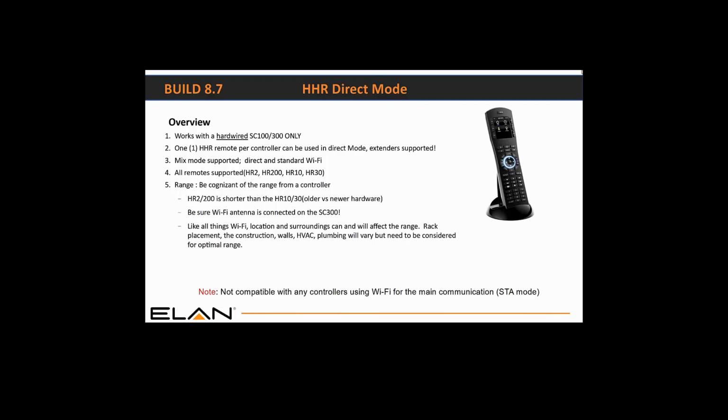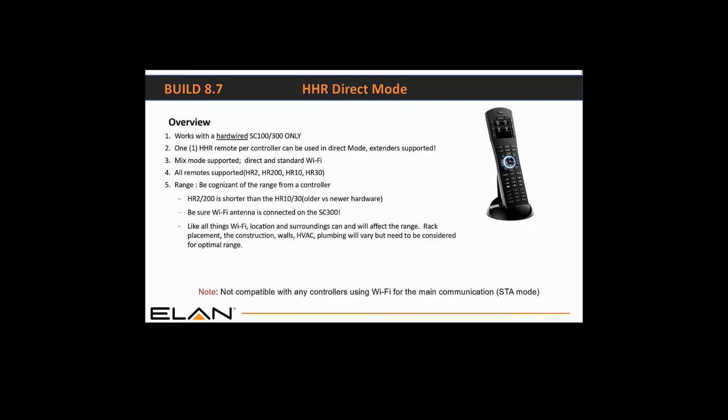All the remotes are supported since they talk the same exact way: HR2s, HR200s, HR10s, HR30s. Again, range, you've got to be cognizant of it. The HR2s and 200s are, for me, noticeably shorter in range than the HR10s and 30s, probably old versus new hardware. Keep that in mind. If you're connecting to an SC300, always connect the antenna on the back.